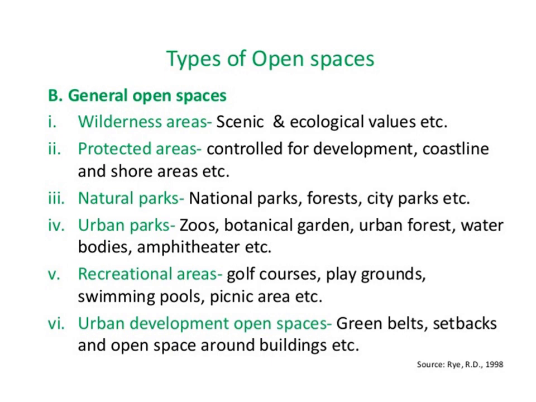Then zoos, botanical garden, urban forest, water bodies, amphitheatre. Then golf courses, playgrounds, swimming pool, picnic areas, green belts, setbacks and open spaces around buildings form the general open spaces.